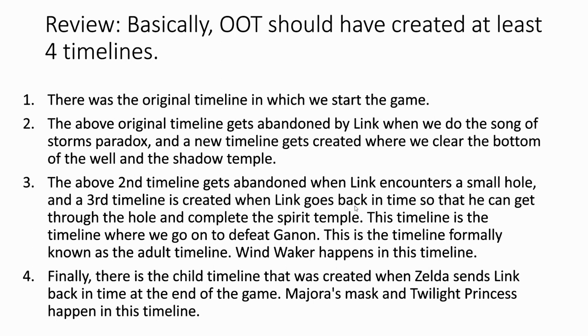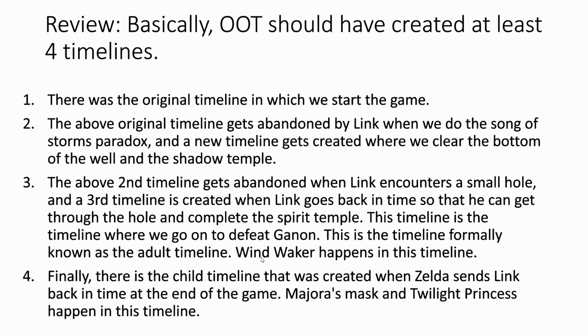And this is the timeline where we actually complete the Spirit Temple, defeat Twinrova, and go on to defeat Ganon. Timeline 3 is the adult timeline. This is the timeline in which we actually defeat Ganon and complete the game. This is the timeline that ultimately Wind Waker happens in, about 100 or so years later.